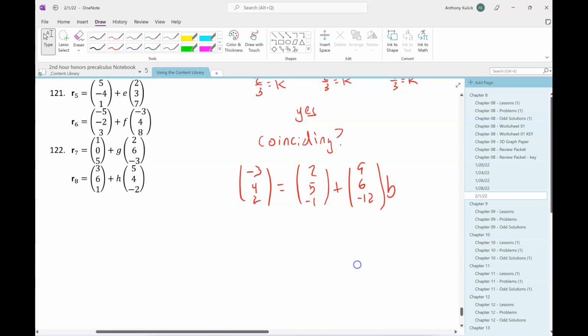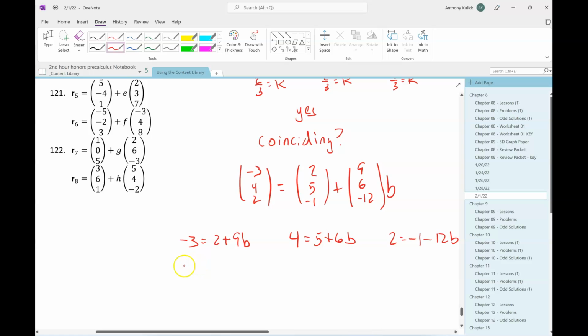What I'm going to do there is take each component and make an equation. So I have the x component, the y component, and then the z component. And now I'm just going to solve for each of them.